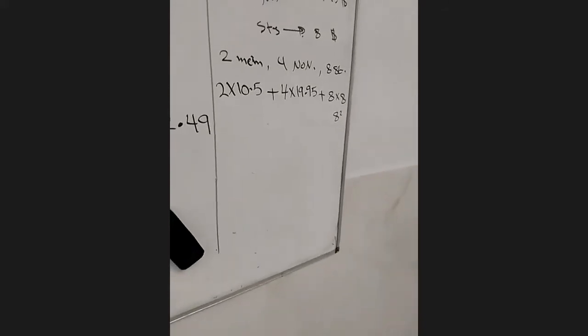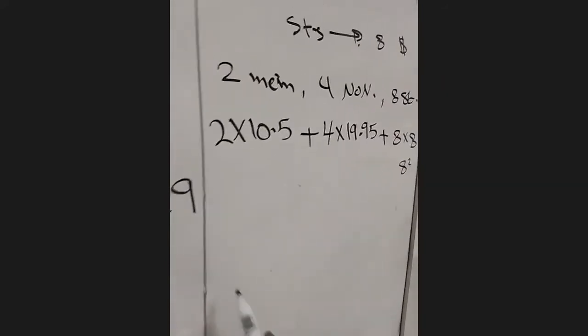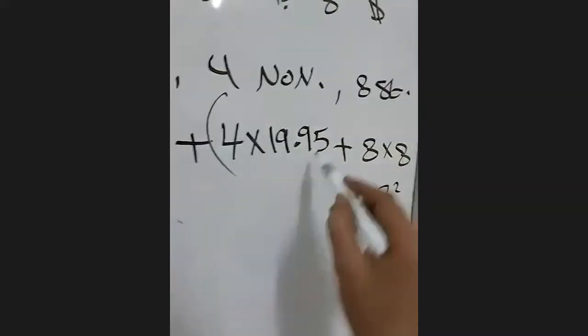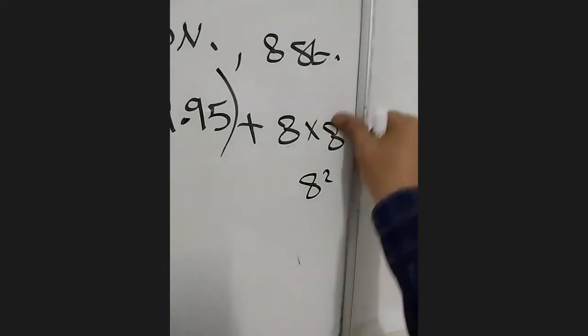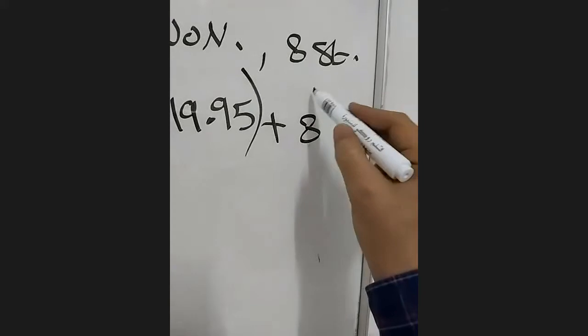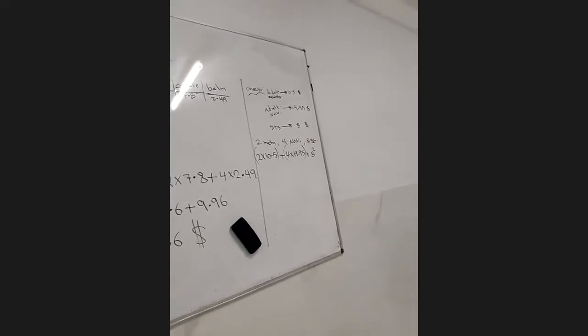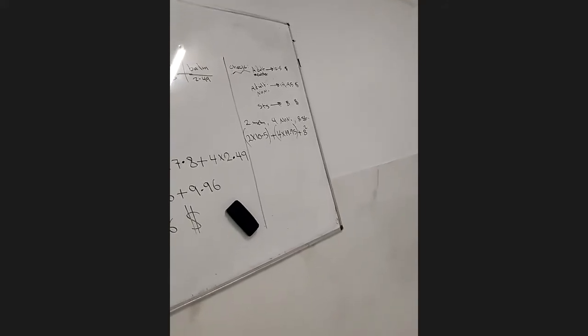Now let's search for a similar expression in the choices. 2 multiplied by 10.5, 4 multiplied by 19.95, and 8 multiplied by 8, which we can write as 8 to the power 2 using an exponent.